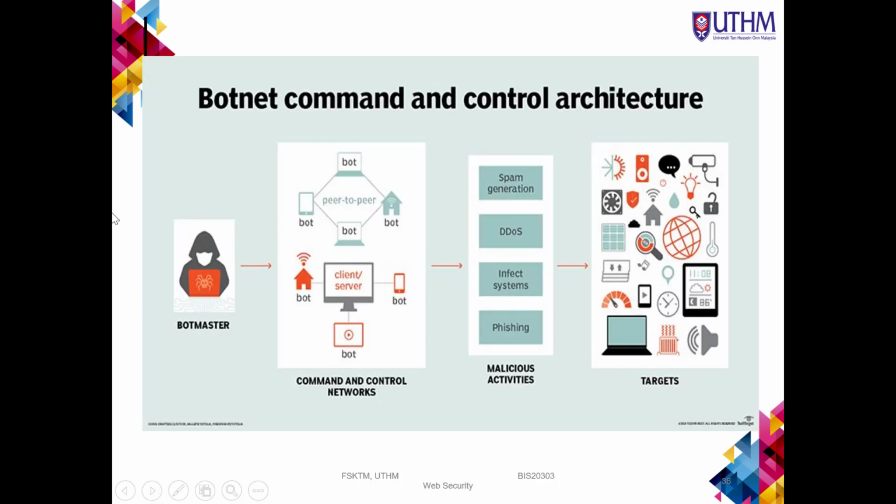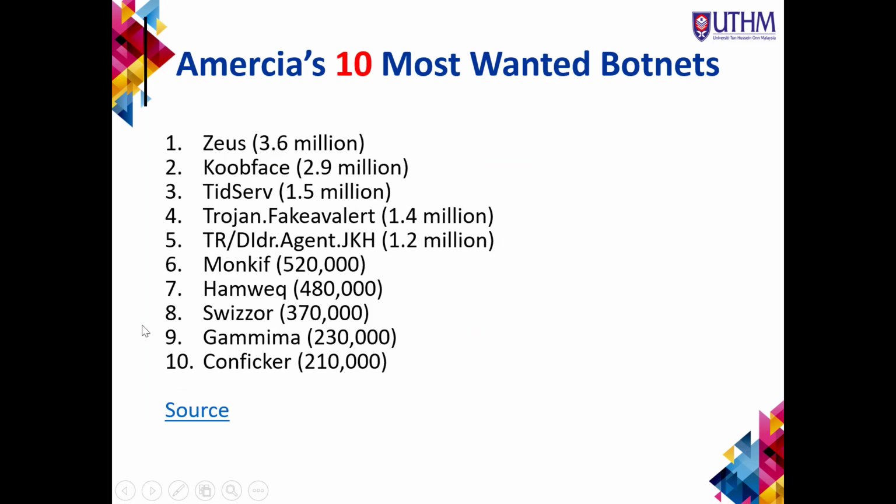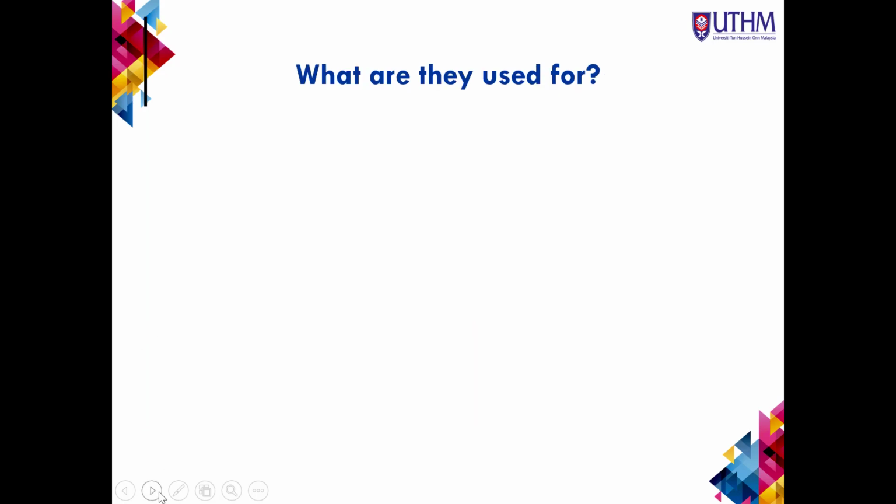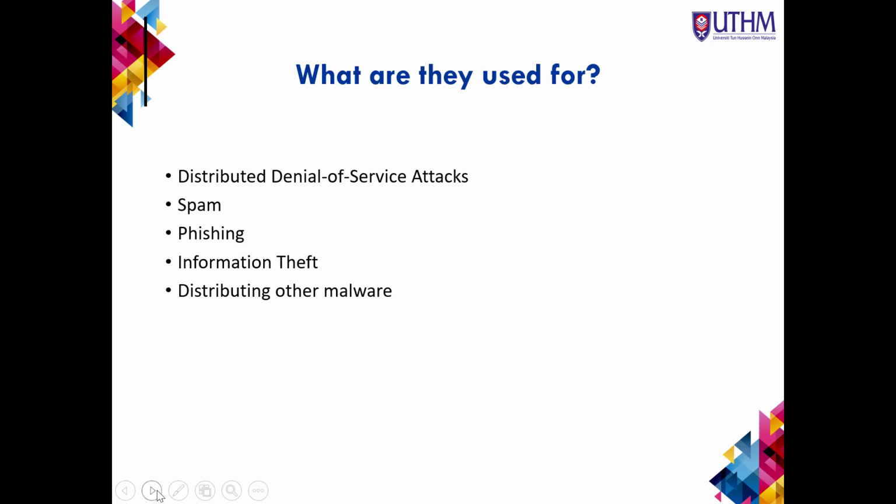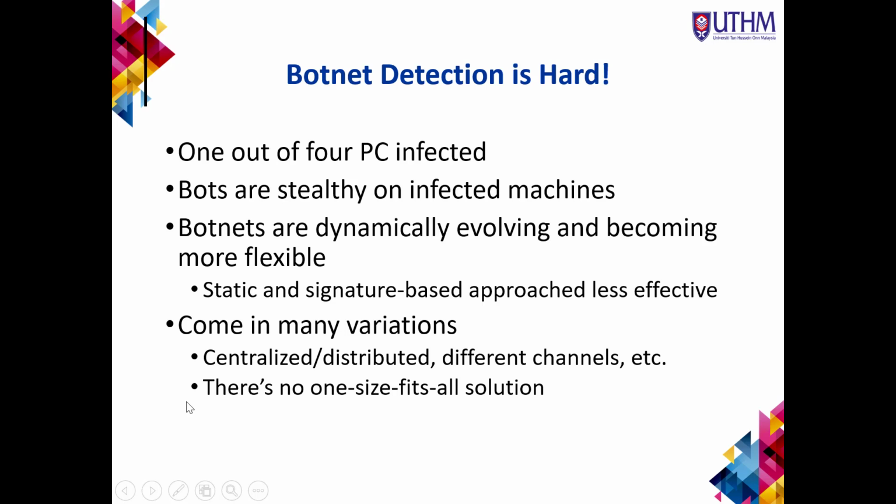The basic definition of botnet. What are they used for? Already explained: DDoS attack, spam, phishing, and so on. Botnet detection is kind of hard because it is very stealthy on the infected machine. It is dynamically evolving and becoming more flexible.